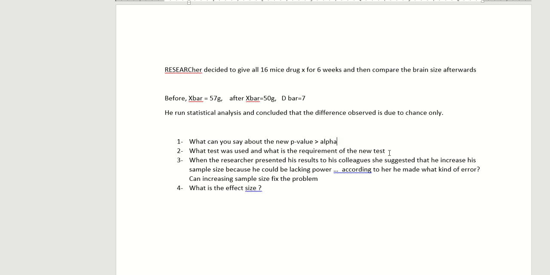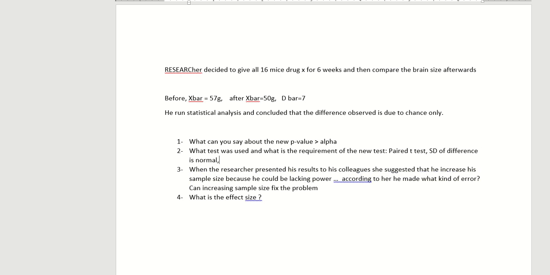So either we assume that the differences have a normal distribution, or the sample size has to be greater than or equal to 25. Now we know that the sample size is not 25. The sample size is 16. And therefore the requirement has to be that the distribution of the differences is normal. So I'm going to write down the answer. We use the paired t-test, and we have to say that the sampling distribution of the differences is normal.